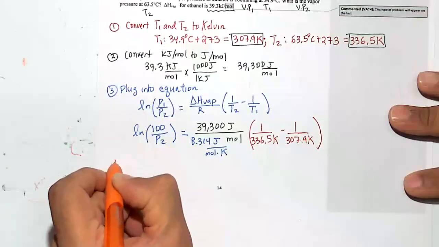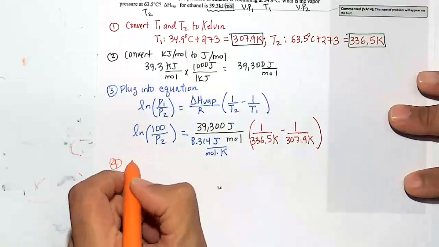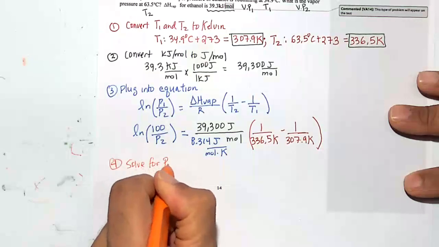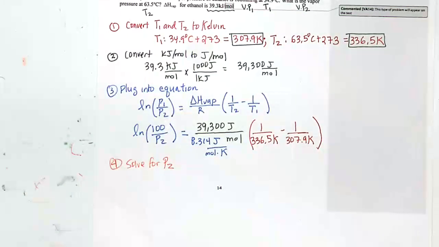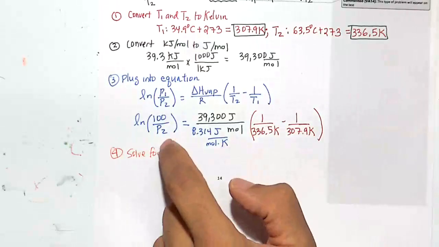Step 4 in our final thing here is to solve for P2. In this specific problem, we have to solve for P2. Everybody have a calculator? Let's get our calculators out and do this together.